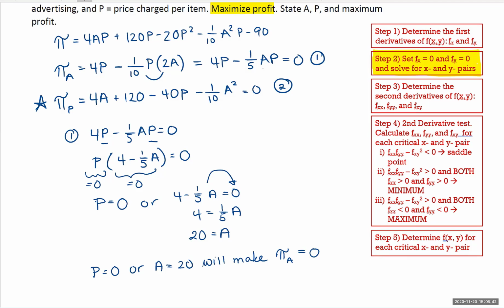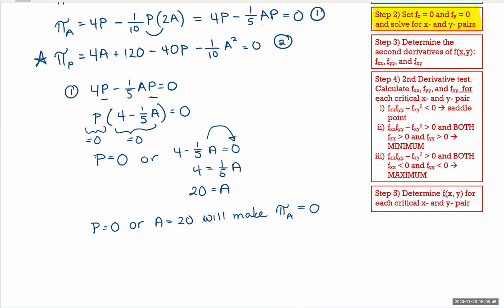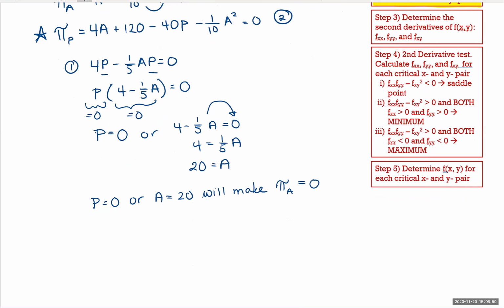We have to make sure that it'll work for this as well. Both of these have to be equal to 0. So now I'm going to focus on our second equation. 4A plus 120 minus 40P minus 1/10, I'm just going to write that as 0.10 or 0.1, A squared is equal to 0.